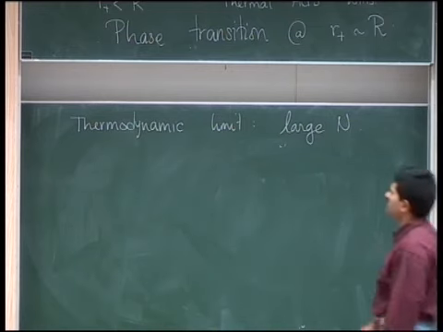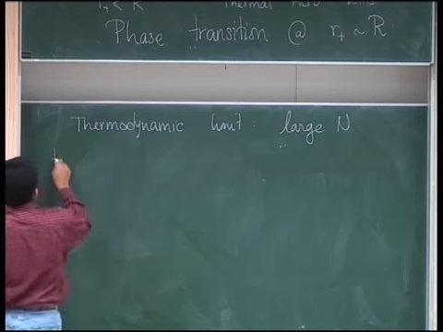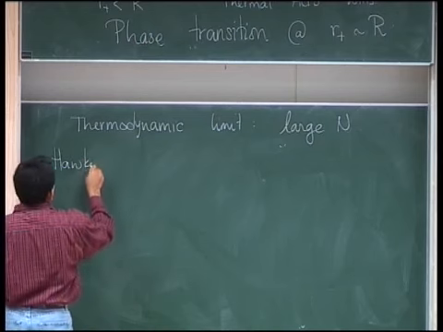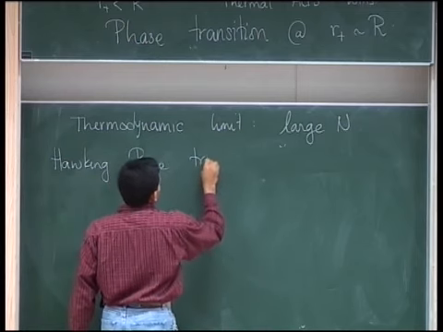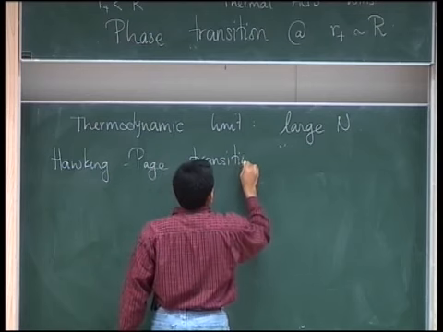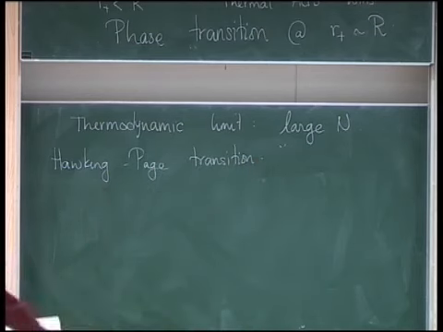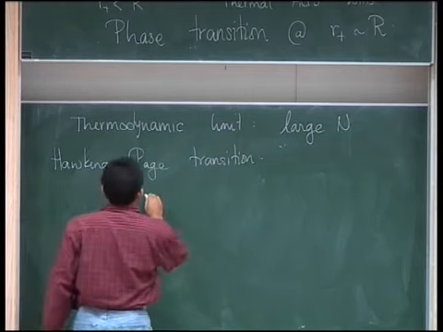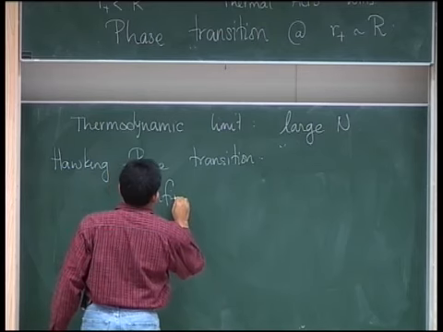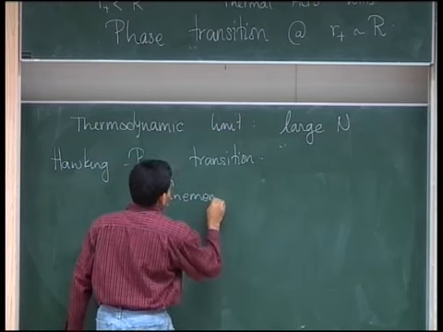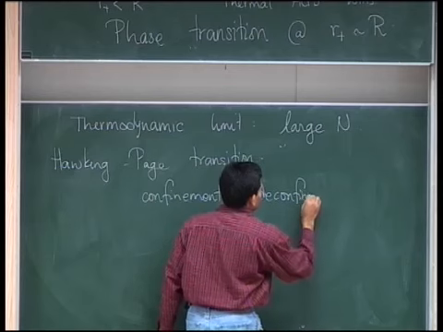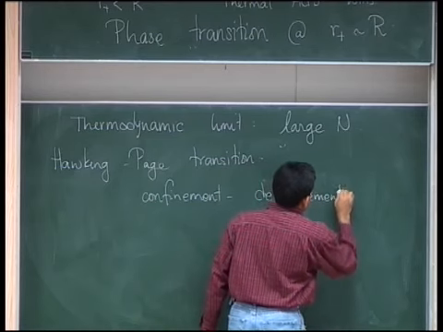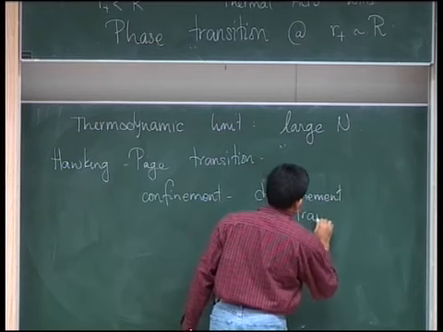And this phase transition has a name. It's called the Hawking-Page transition. And in n equals 4, you could also think of it as a confinement-deconfinement transition.